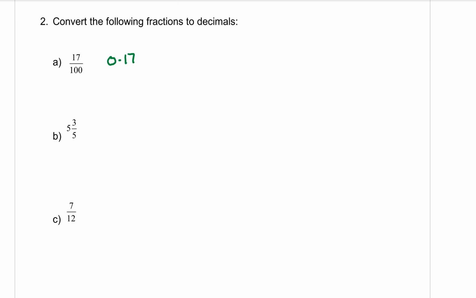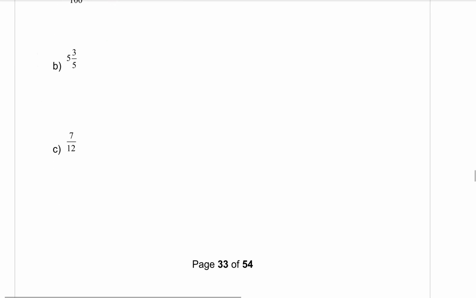In part B, I don't have a denominator that is a multiple of 10, 100 or 1000. So I want to try and change it so that it is, so that I can leave the 5 out the front. I could change my denominator of 5 to be a denominator of 10.